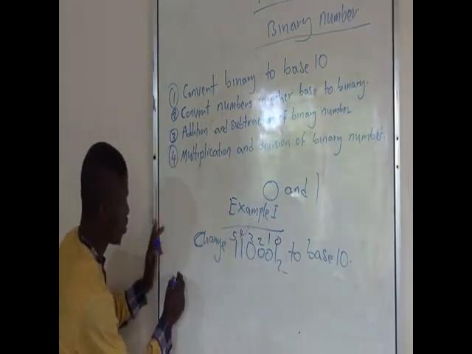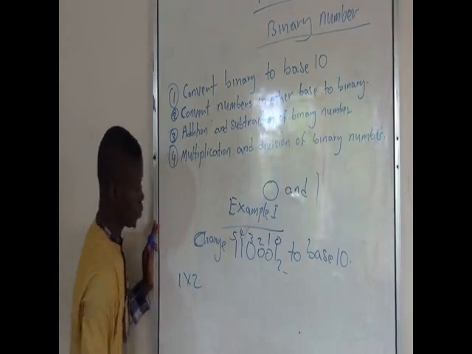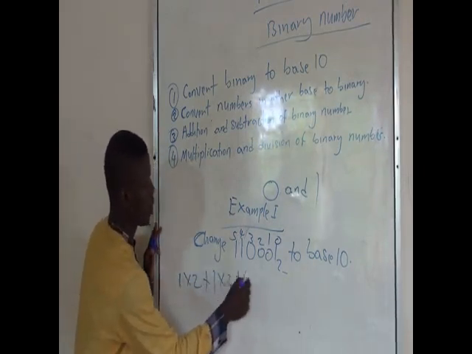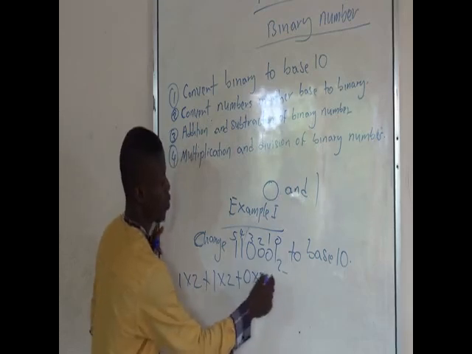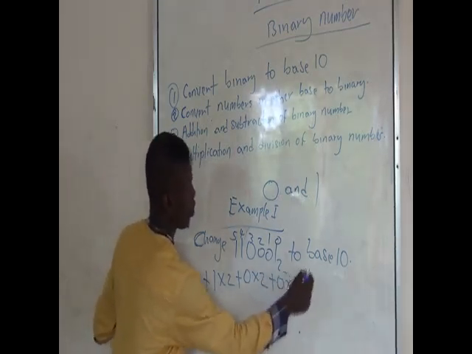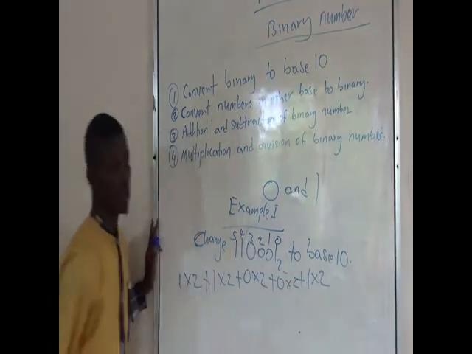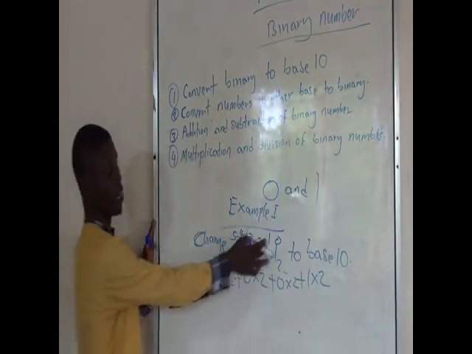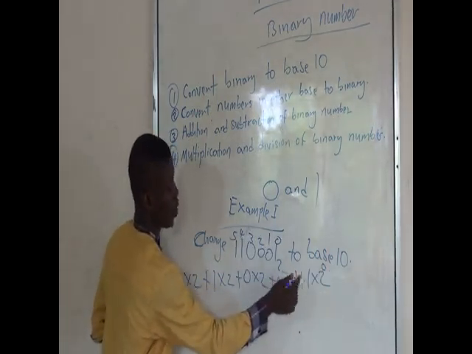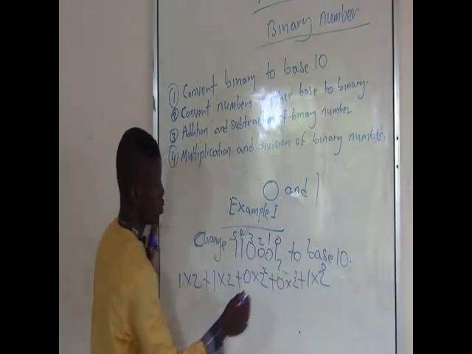Let's start: 1 times 2, plus 1 times 2, plus 0 times 2, plus 0 times 2, plus 1 times 2. Then we bring back the powers, raised to power 0, raised to power 1, raised to power 2.